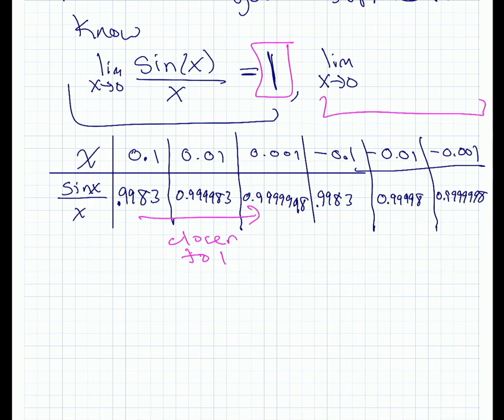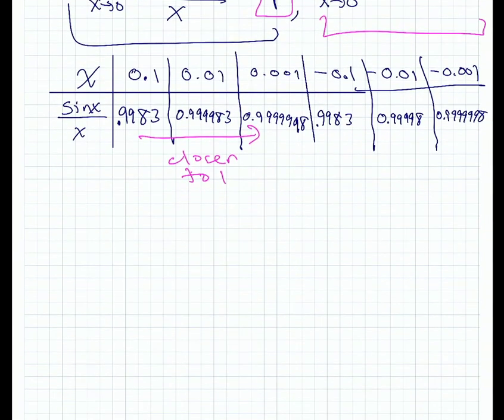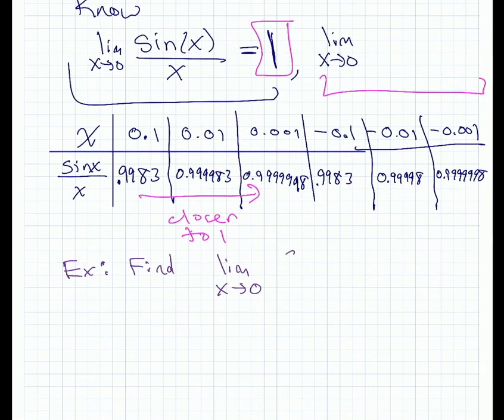Now, how are you going to use that? Well, they make you go through a bunch of algebra that's kind of annoying, to be honest, but they just want you to get used to solving problems. So if I say find the limit as x goes to 0 of sine 7x over 3x, that limit is not 1.